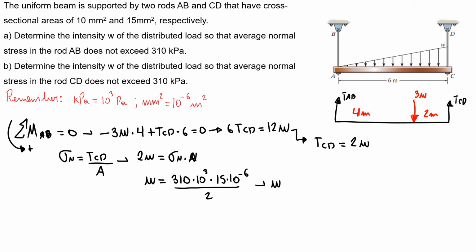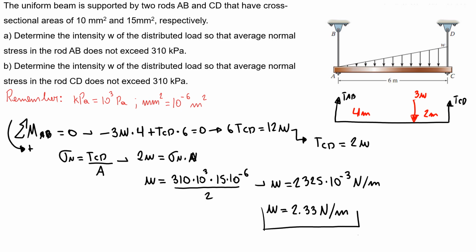So my omega is 2,325 times 10 to the minus 3 newtons per meter, or omega is 2.33 newtons per meter. So this is the final answer for B.